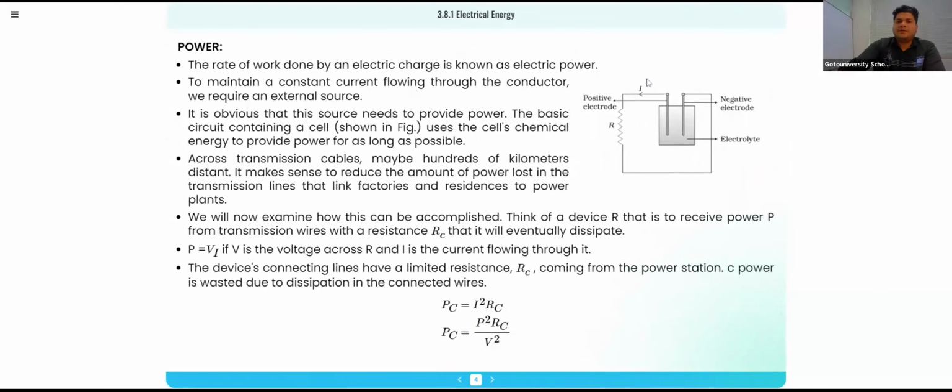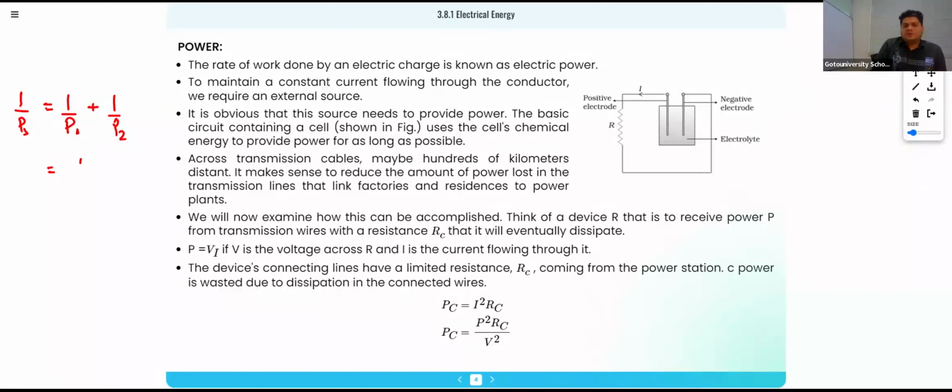Okay, then few more things about the power. See, in series, what will be power, and in parallel, what will be the power? See, in series, 1 upon P1 plus 1 upon P2 will be equal to P1 plus P2 over P1 into P2.